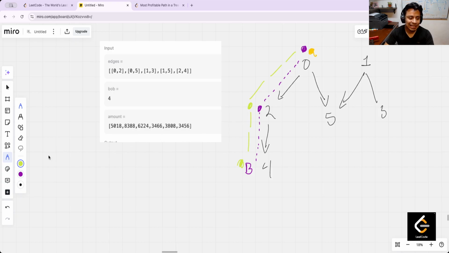Now, what is the other path? Another path that Alice can go in this case is this, this, and this. Now, at the beginning I had those because the problem mentions that it is a tree.